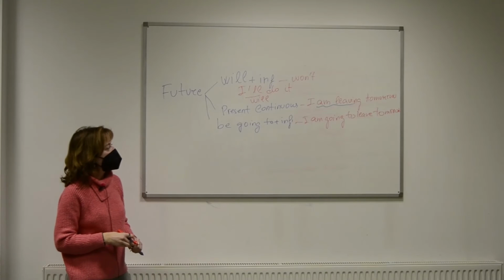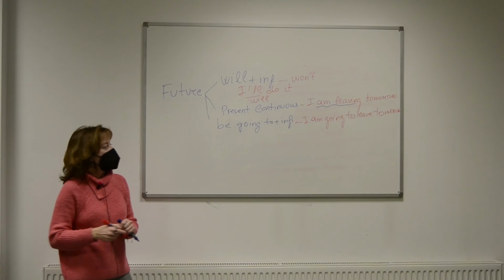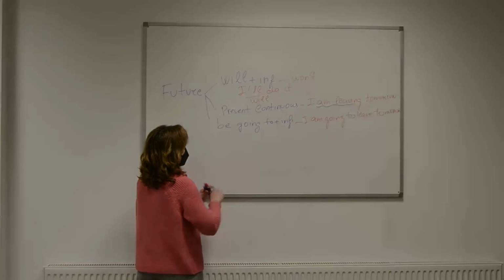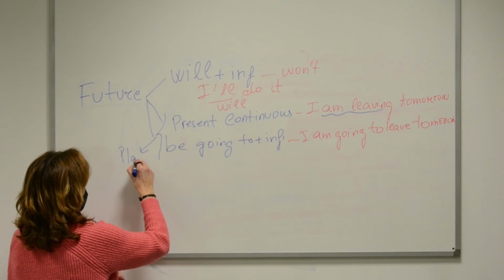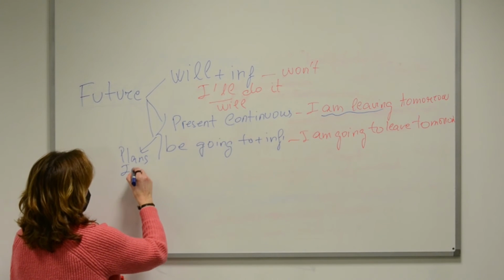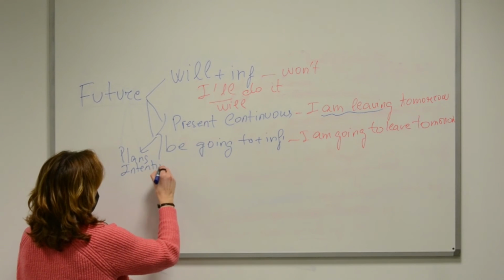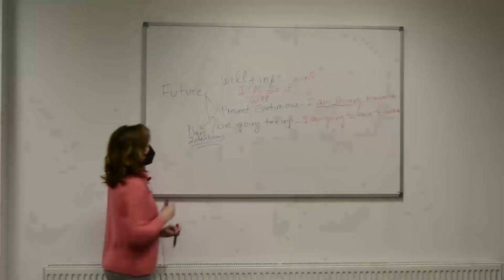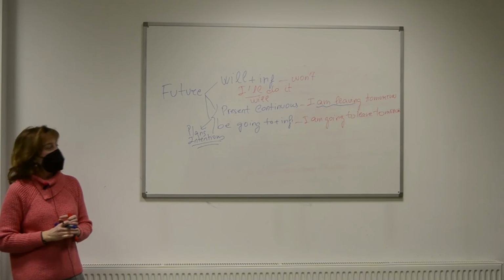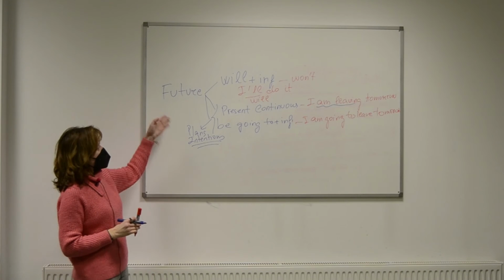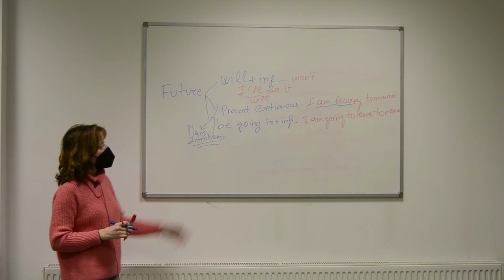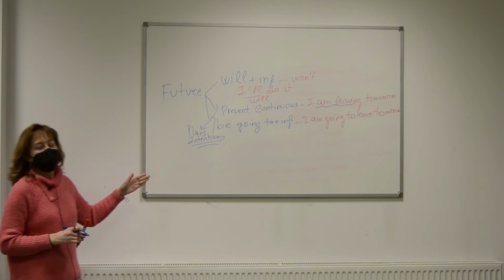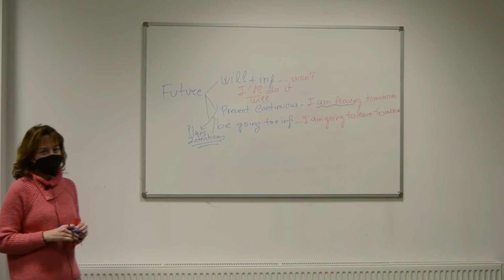In this case, we use this expression, which is very common in English. I am going to. It's again a plan to do something. Both of them are plans, intentions. Therefore, when we want to express future, we use will plus infinitive, present continuous, and be going to plus infinitive.